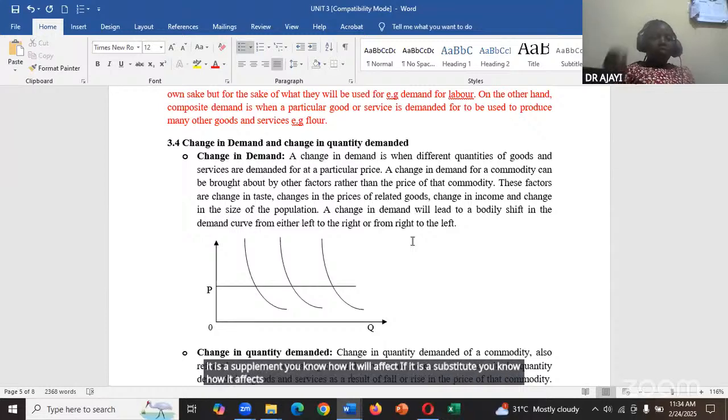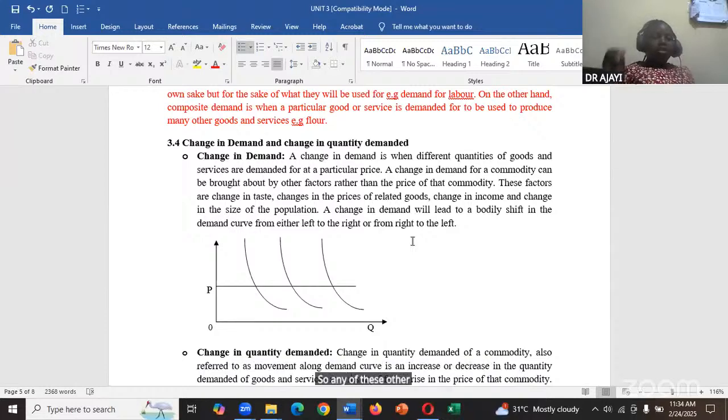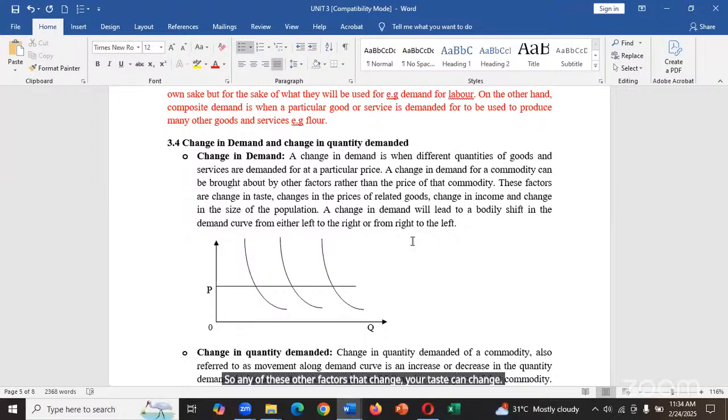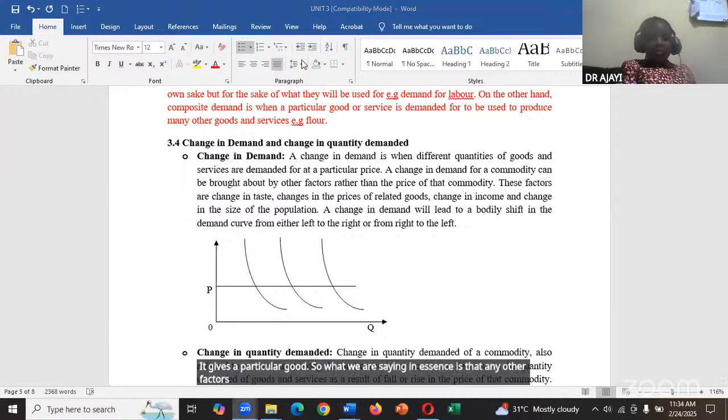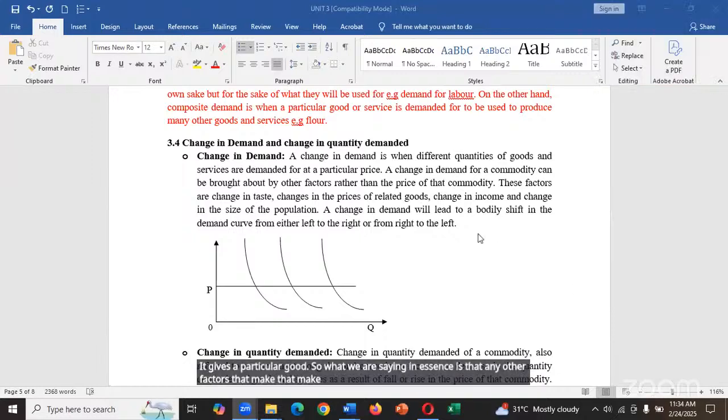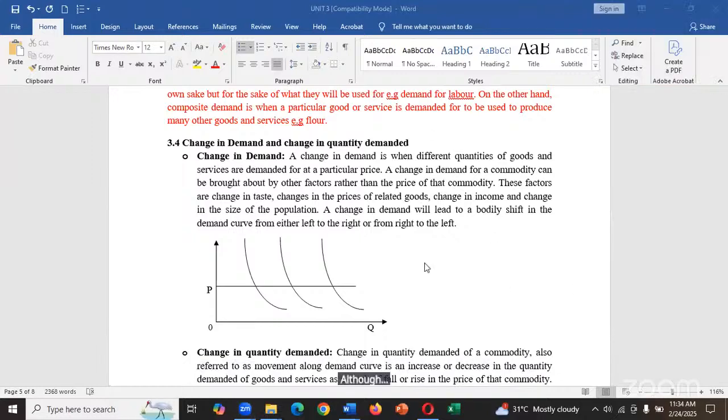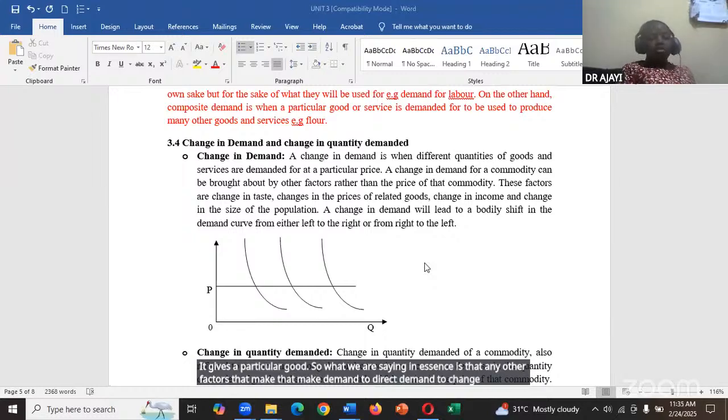Your taste can change in favor of a particular good, and your preference can change against a particular good. So what we are saying in essence is that any other factors that make demand change are the things that will cause a change in demand.